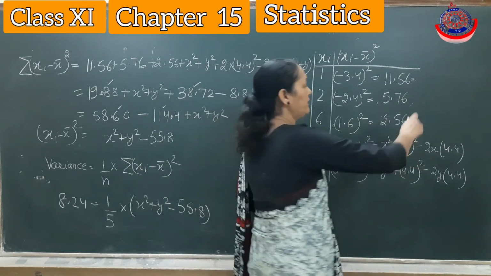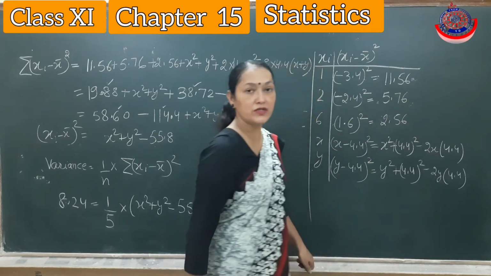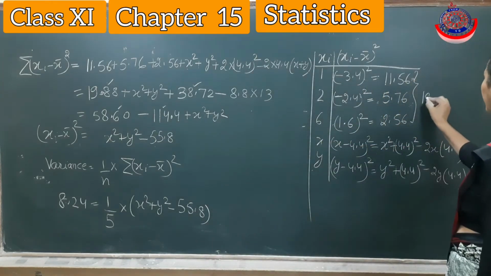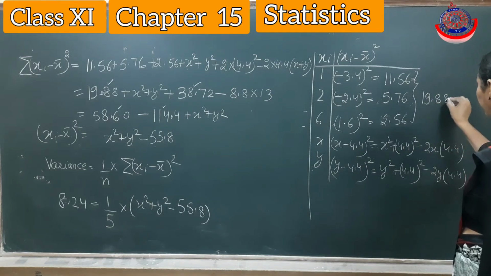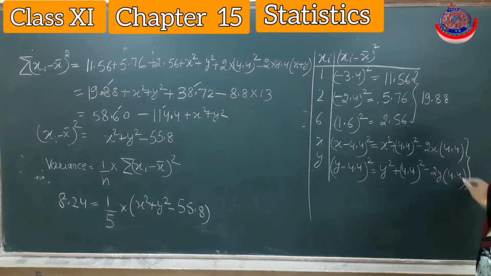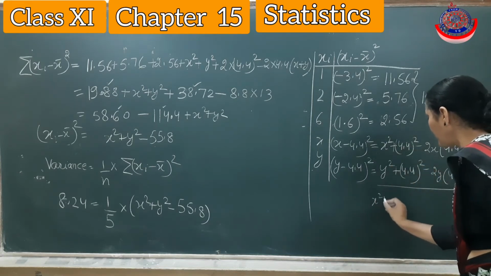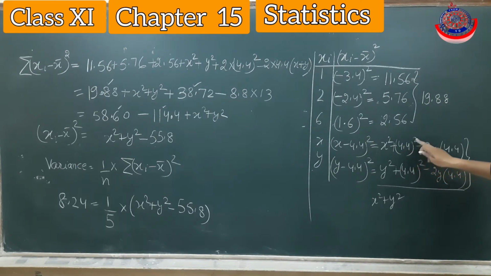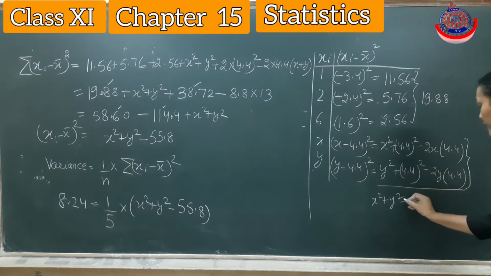Now we need the sum of these observations. If we add these 3 observations, we will get 19.88. And for these 2 observations, if we add, we can write them as x square plus y square. This 4.4 square is coming 2 times, so we can write 2 times 4.4 square.